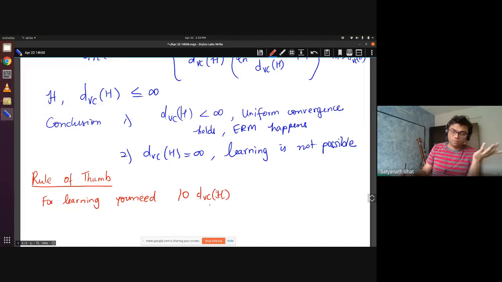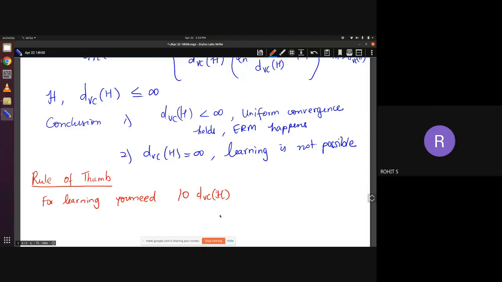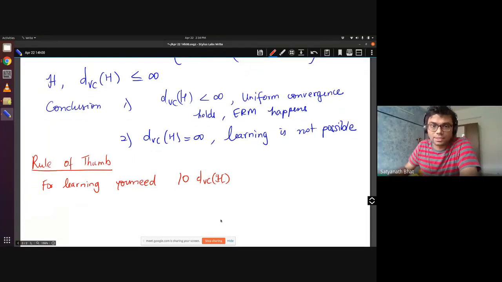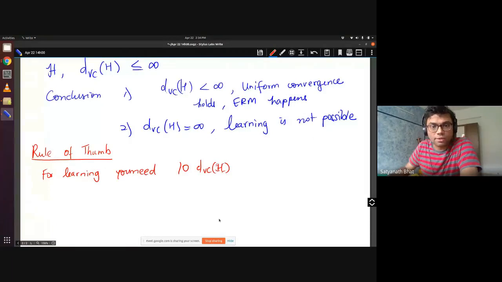Whatever you were asking, Rohit, this is the rule of thumb that is practically used by people. Now we'll see how to calculate the VC dimension for different hypothesis bags. That is the next discussion.